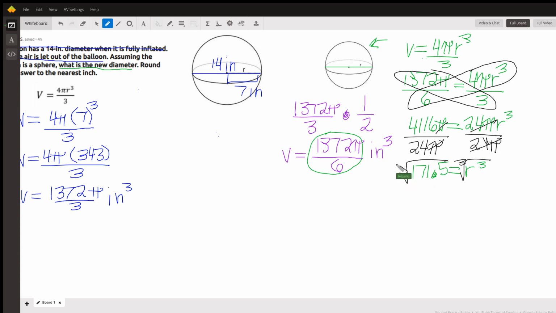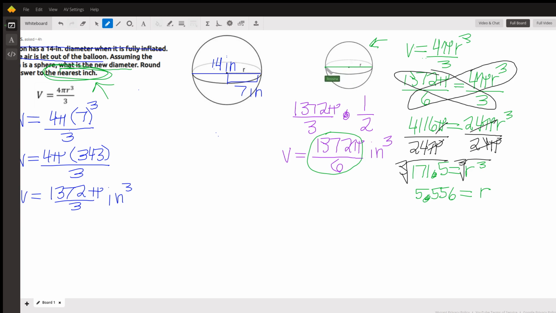Because we need to get r alone, let's take the cube root of that, making sure we do it to both sides, basic algebra. The cube root of 171.5 is approximately 5.556 equals r. Going back to the original problem, they ask you to round to the nearest inch. But first we're going to double the radius, because our goal is to find the diameter.